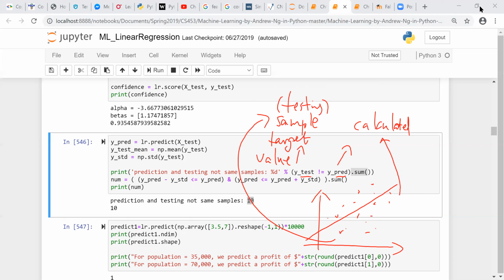It's very hard for your line to go directly through a sample. So that's why, generally speaking, when you test if those two are equal, it's normally not. So this is also different from classification. Classification is just whether this bunch of data belongs to the top or belongs to the bottom. So that's a different story.